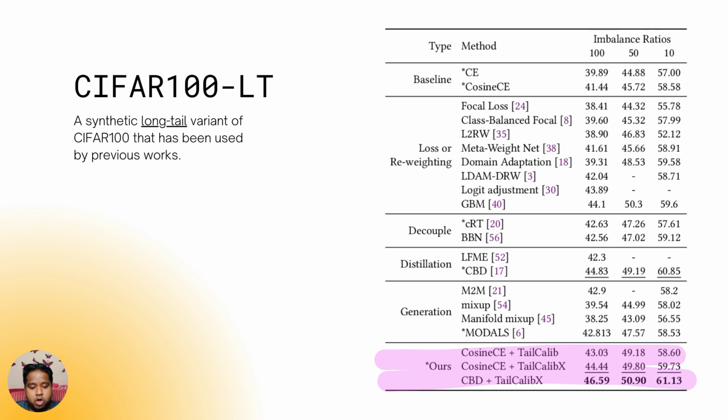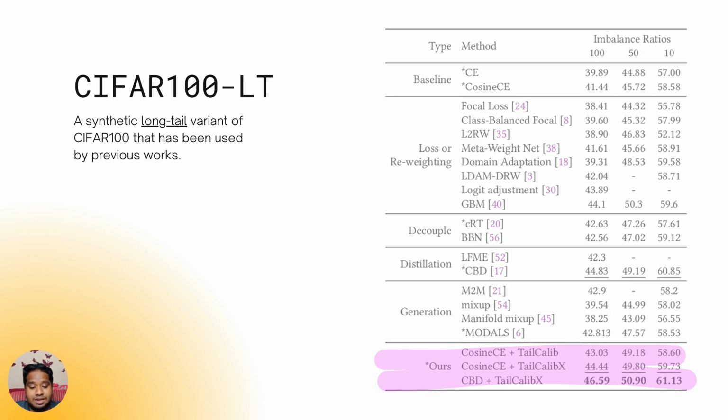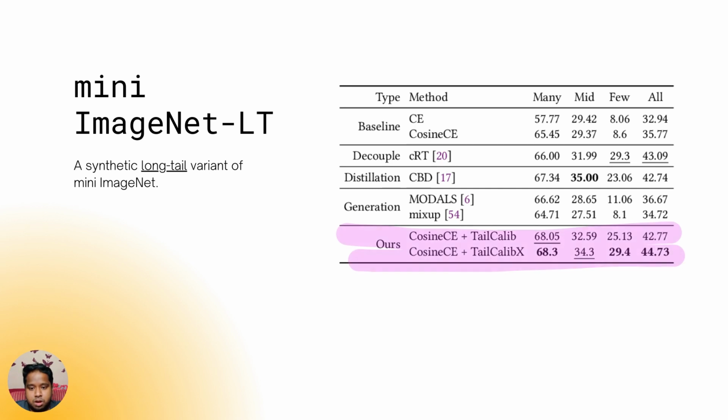Finally, applying tailcalib X on top of a trained CBD model results in further performance improvements of 1 to 2%, notably for imbalance factor 150. Apart from becoming a SOTA on CIFAR-100 LT, we also demonstrate that tail calibration is orthogonal to and can be combined with other works to yield additional improvement.